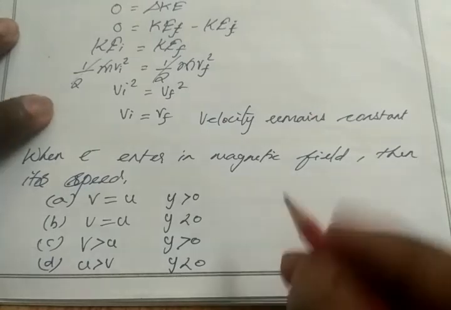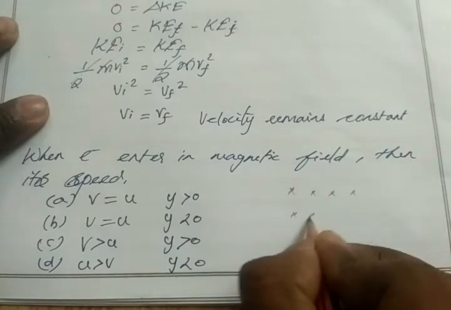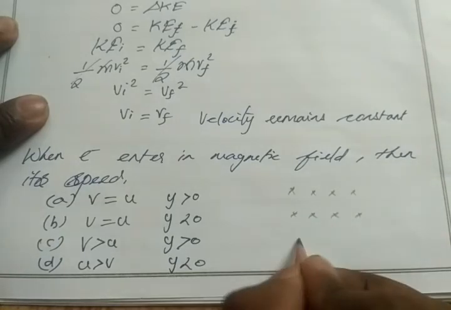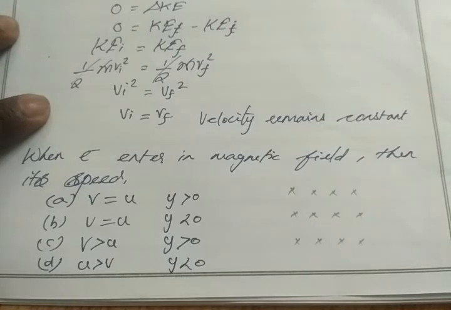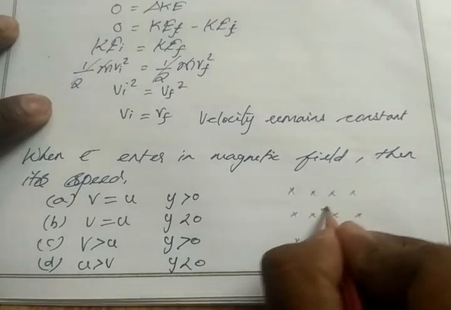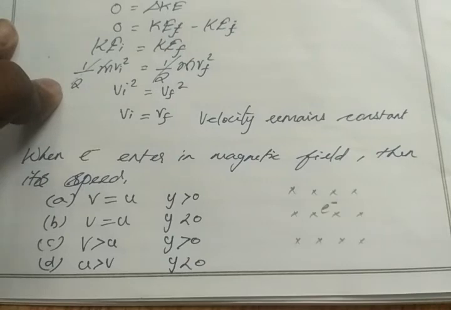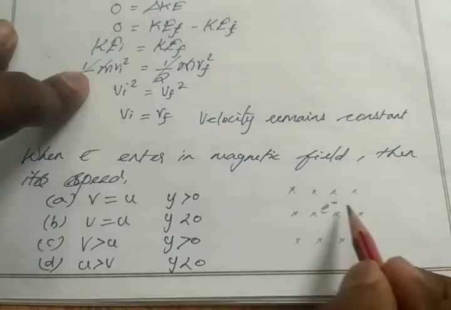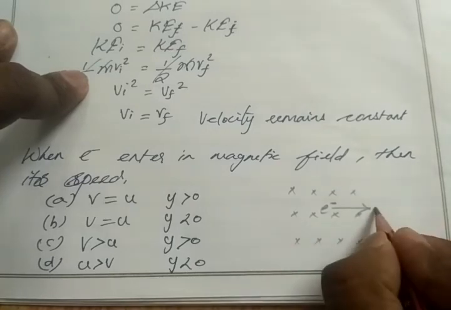Okay, for example, we have a cross magnetic field which is going inside the plane of the paper. So when the electron enters this region, what is my speed? This is my initial speed.